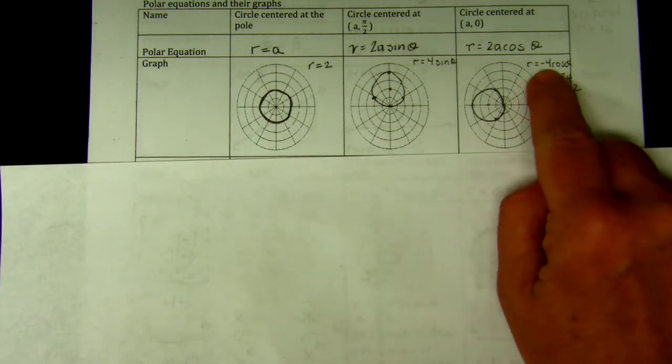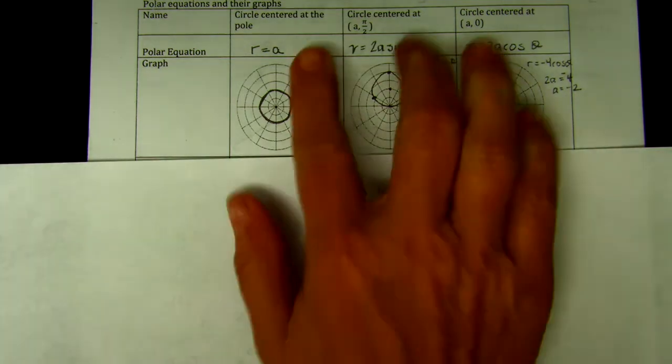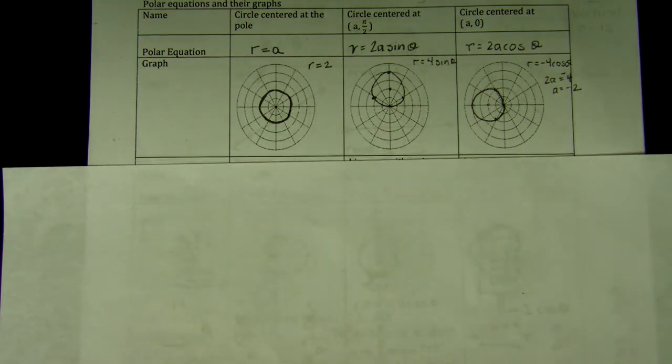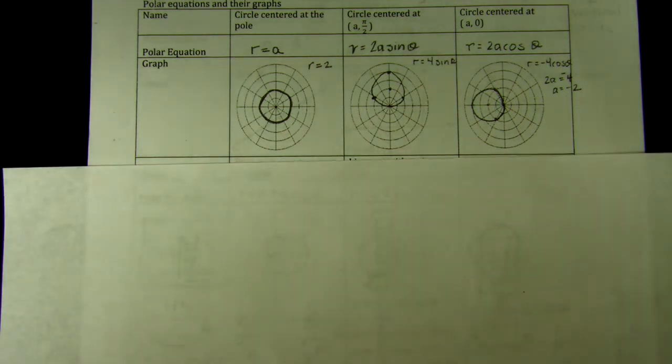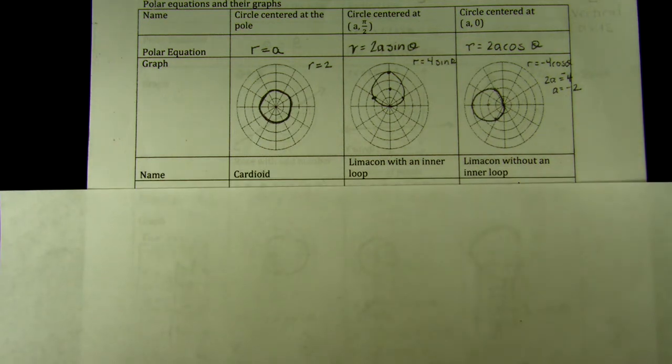And again, that 4 there tells me the diameter of my circle. So you need to be able to recognize the polar equations of a circle, and be able to quickly graph those.